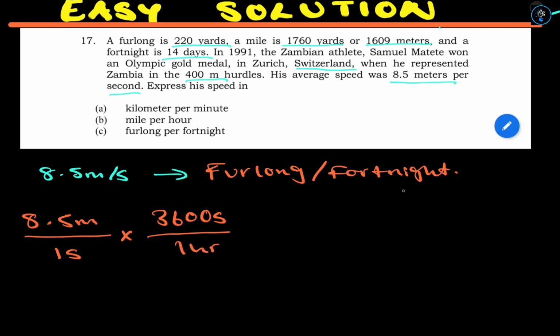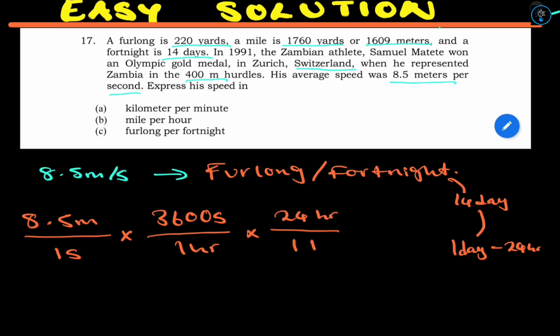You see that? Oh, by the way, a fortnight, it's equal to what? We are told a fortnight is equal to 14 days. And we know that 1 day is equal to 24 hours. So now we can say 24 hours is equal to a day. And we know that 14 days is equal to 1 fortnight.